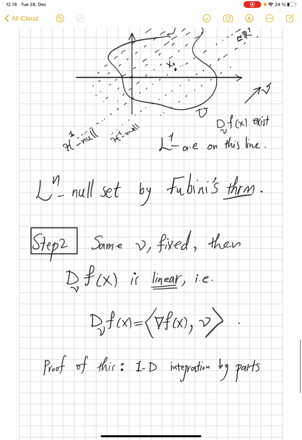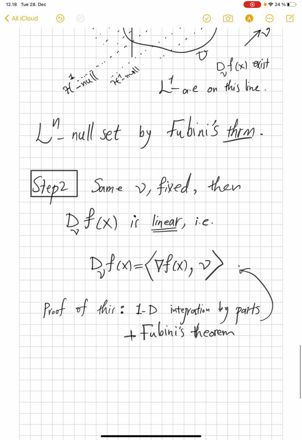So again, you look at one line parallel to v. Along that line, you have this integration by parts. And how do you reduce to integration along lines? Fubini's theorem again. So these combine to give this fact up here via some calculus.